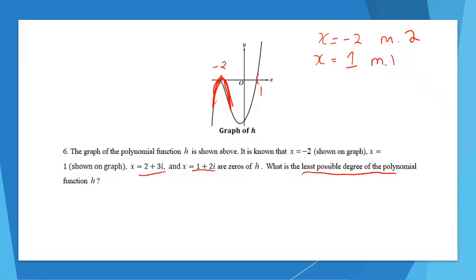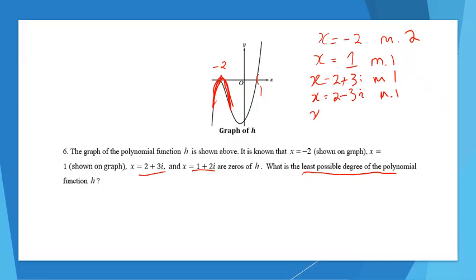Those are our two zeros on the graph, and then we know x equals 2 plus 3i, x equals 2 minus 3i will also be zeros. And unless it's stated otherwise, we can assume that these will also have a multiplicity of 1. Just know that imaginary roots come in pairs. So in this case, 2 plus 3i and 2 minus 3i would be zeros of this function.